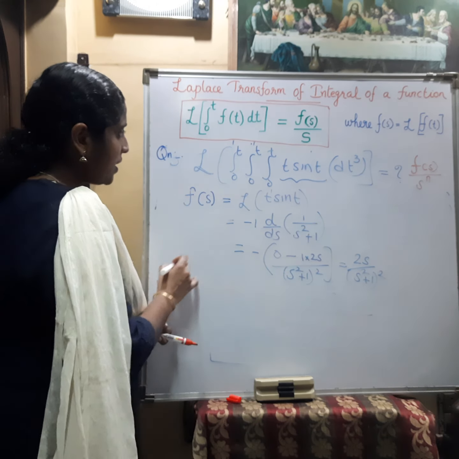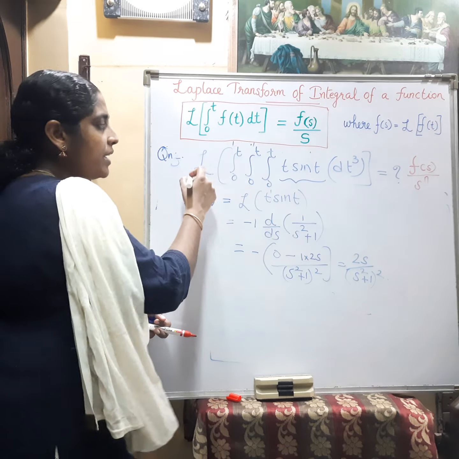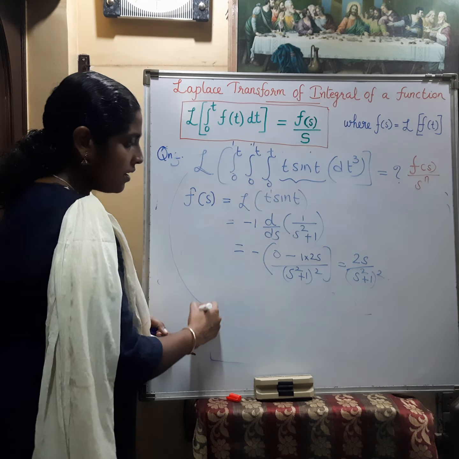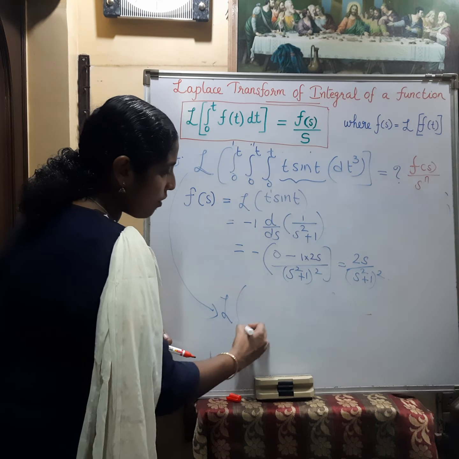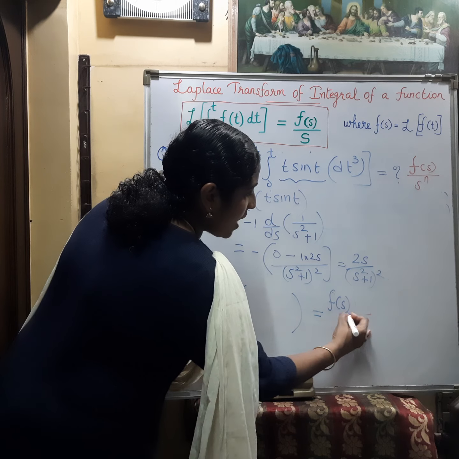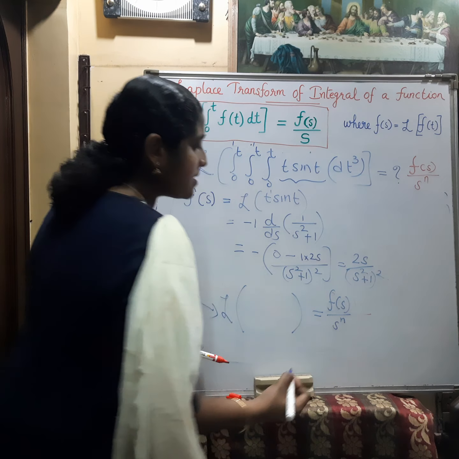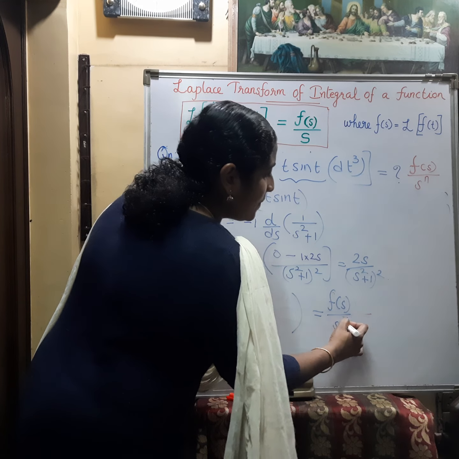Then what we have to find out here is the Laplace transform of the integral of this function. How many integrals are here? Three integrals are here. So the Laplace transform of these three integrals will be F(s) by s raised to n, where n means the number of integrals, so n will become 3.